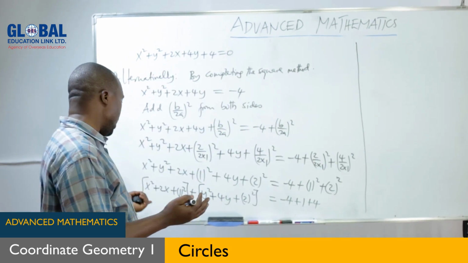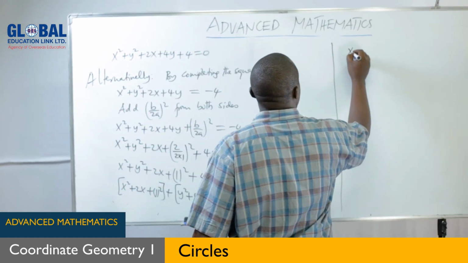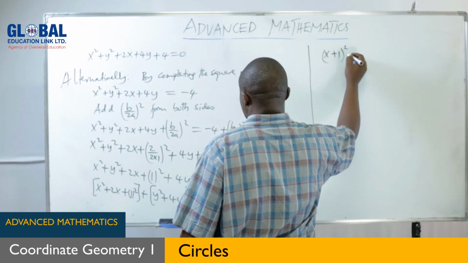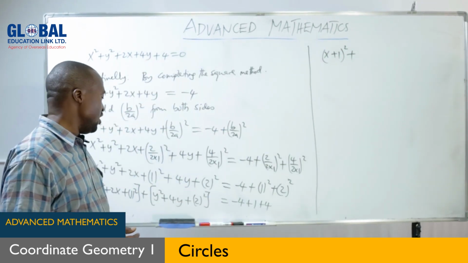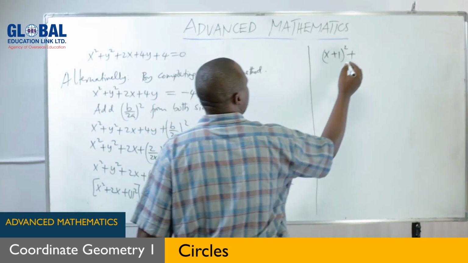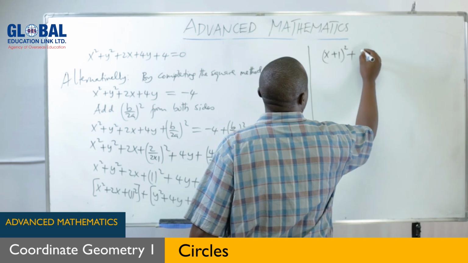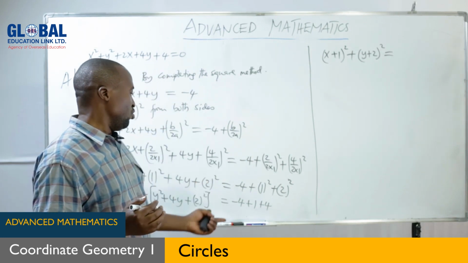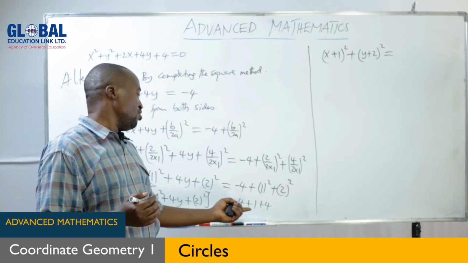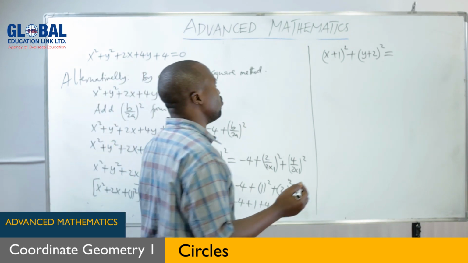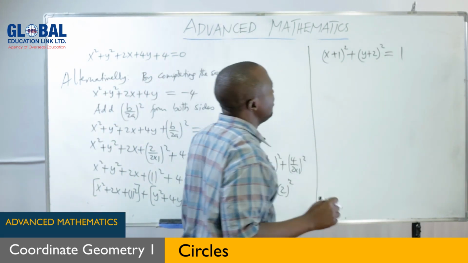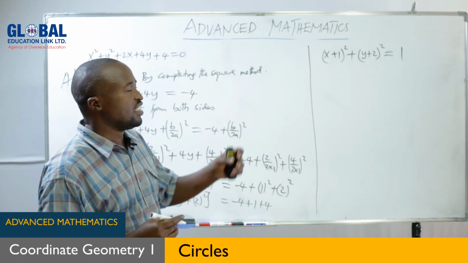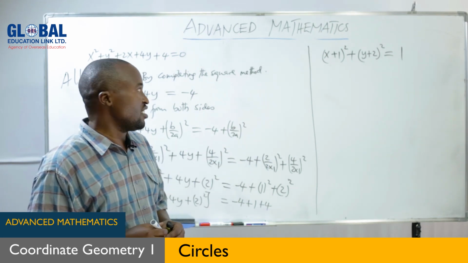By completing the square, here we are going to have (x plus 1) squared plus (y plus 2) squared, which is equal to negative 4 plus 1 plus 4, which is going to be 1. So in this case, it is possible to determine the center of that equation, but again, the radius.